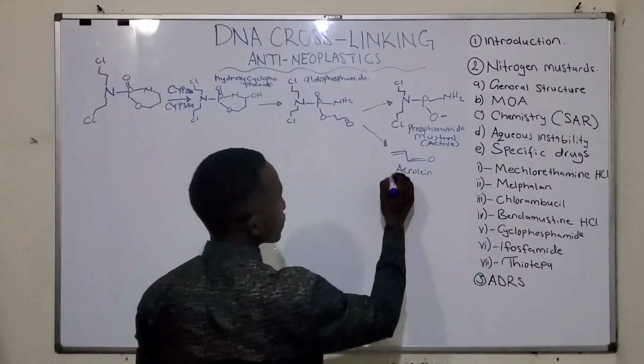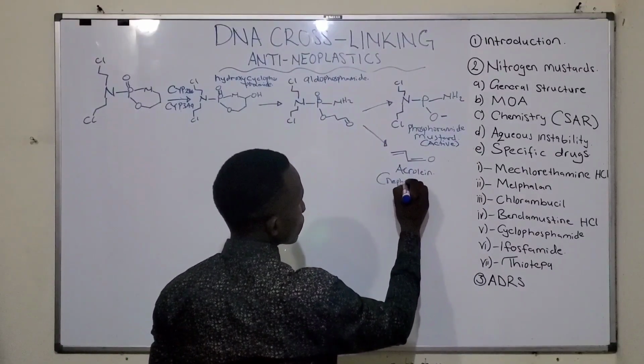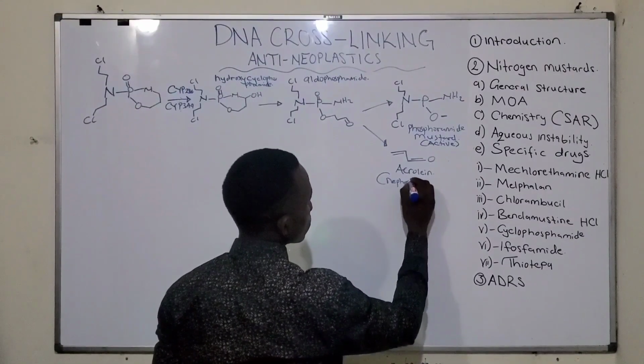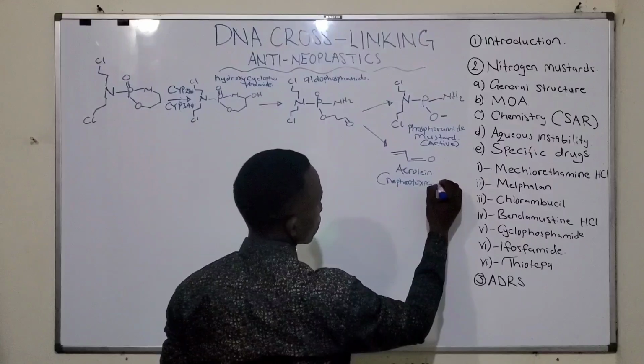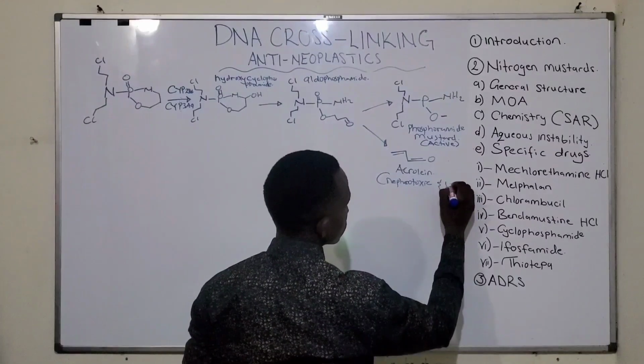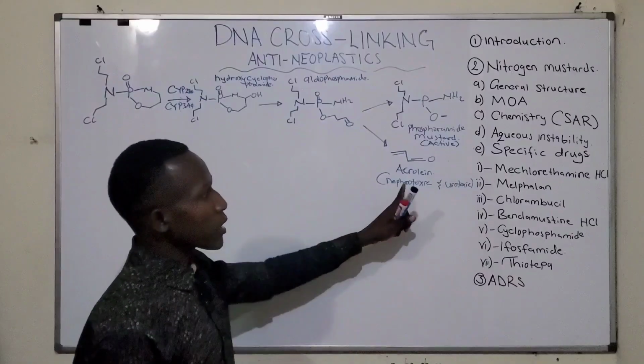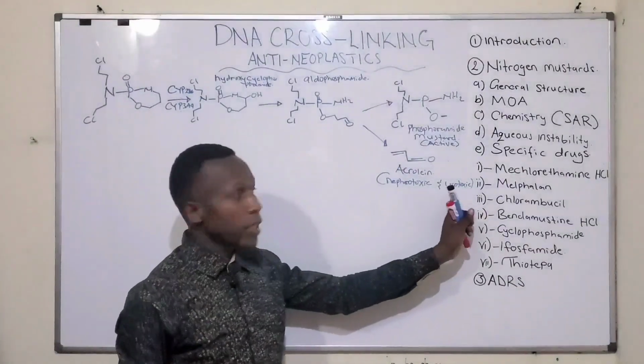And this acrolein, we say that it is nephrotoxic and urotoxic. It can damage the kidney and also the urinary tract.